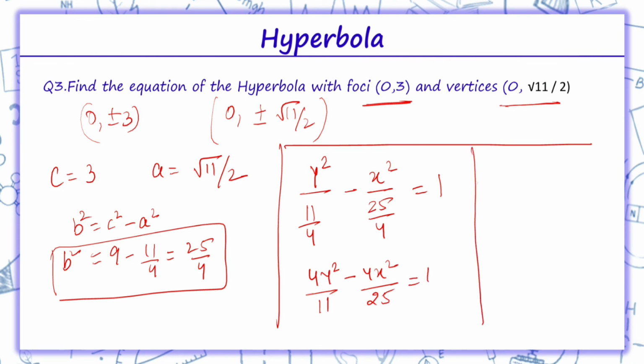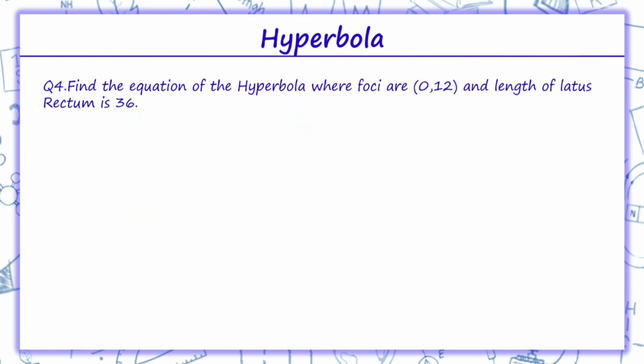Taking LCM and solving, we will get 100y square minus 44x square equals 275. So this is the required equation of the hyperbola whose foci and vertices are given.